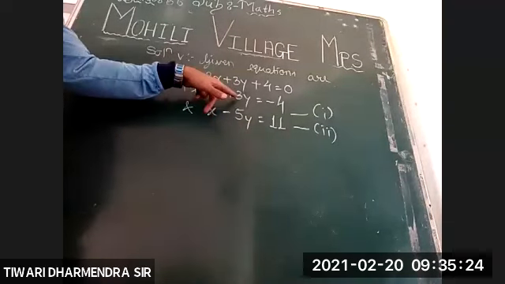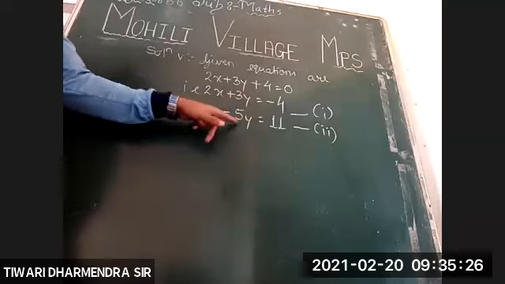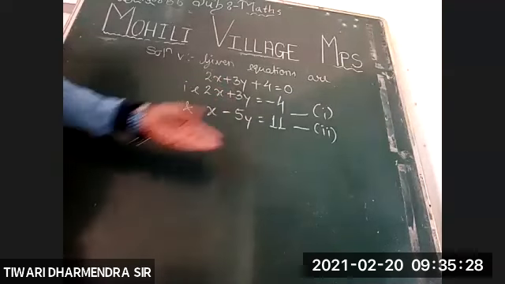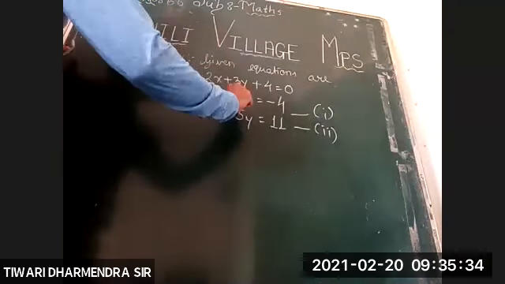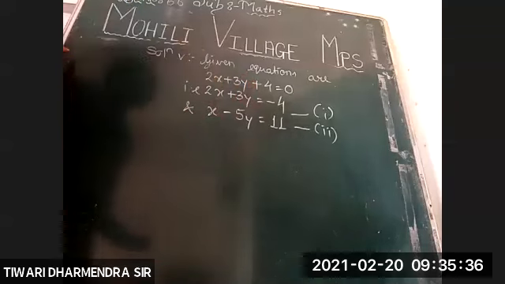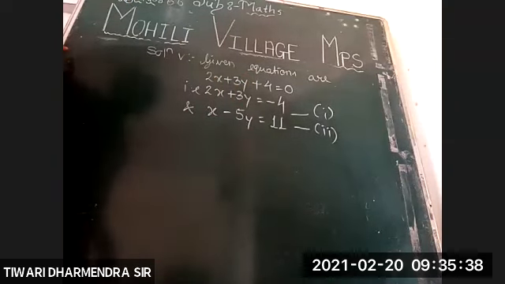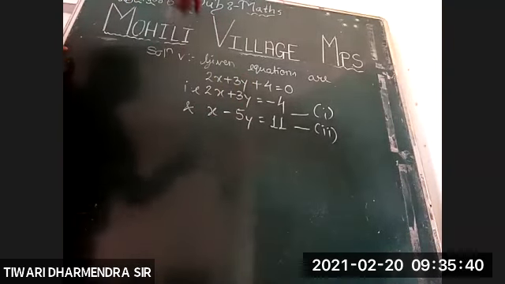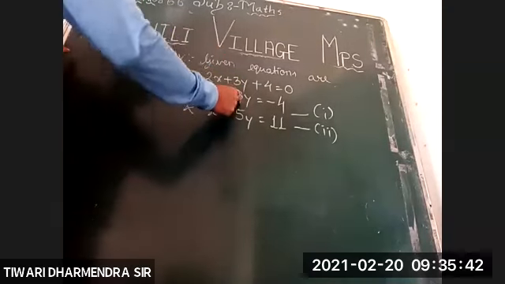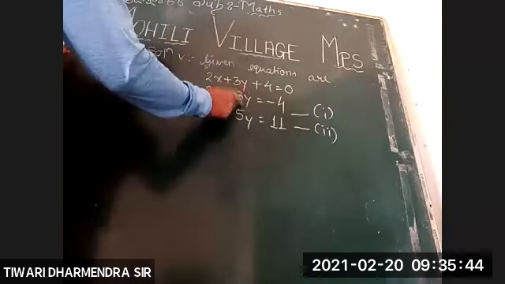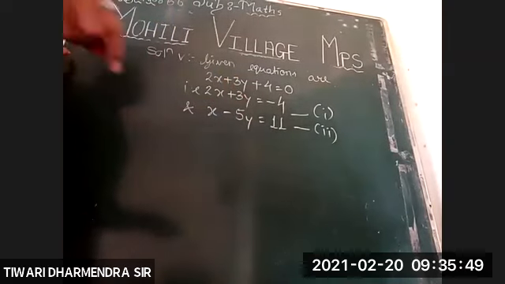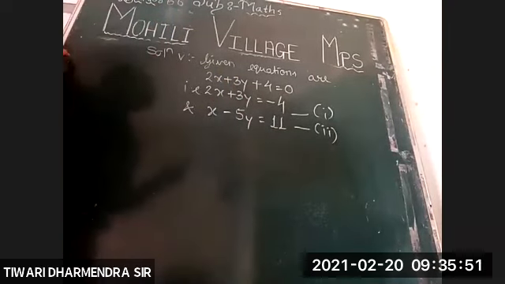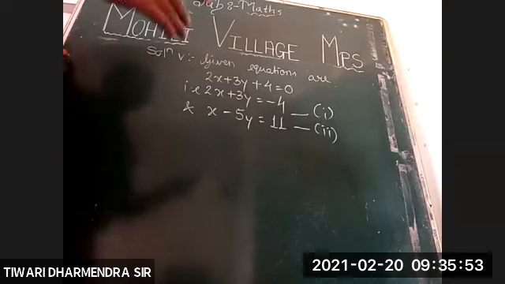I will be multiplying the first equation by 5 and the second equation by 3, so that means we are finding the LCM. The LCM of 3 and 5 is 15. So we have to get 15 as the coefficient of y. What should we do? In order to get 15, we should multiply equation 1 with 5 and equation 2 with 3, so that the coefficient of y will become the same.